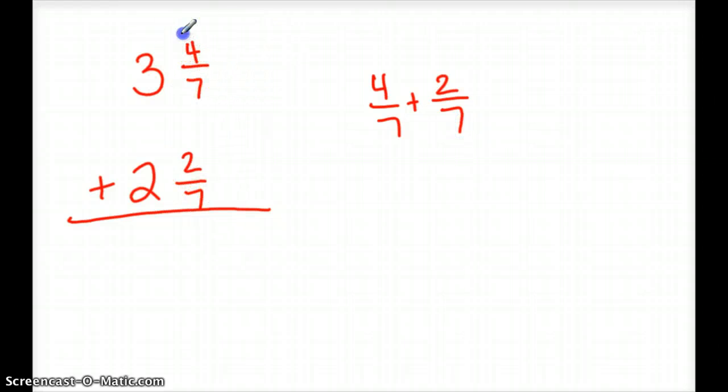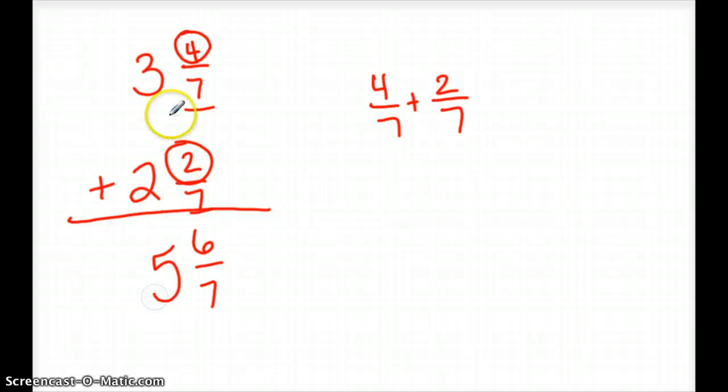I'm going to add 4 and 2, which equals 6, and my denominator will stay the same, so I have 6/7. Then I add my whole numbers. 3 plus 2 is 5. So 3 4/7 plus 2 2/7 equals 5 6/7.